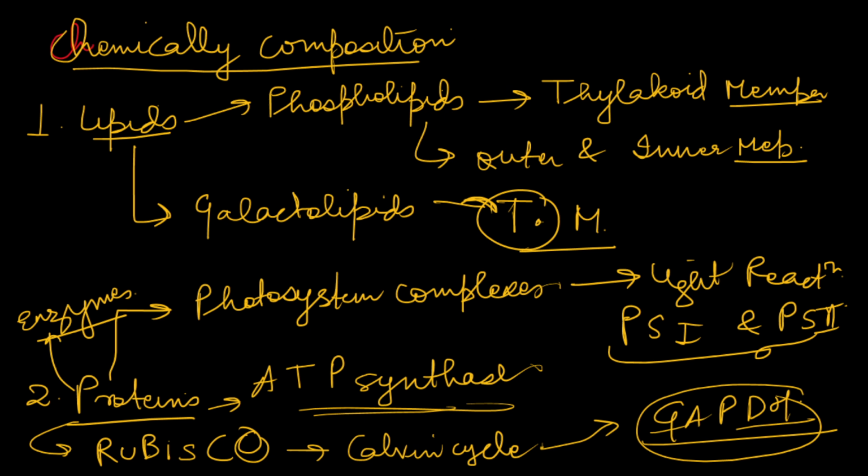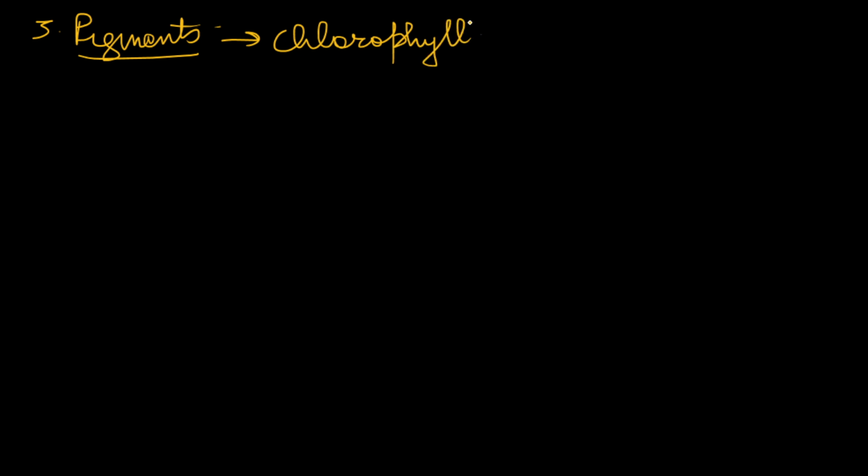Next, we have various pigments present, and the most important pigment here is chlorophyll. We all know how important chlorophyll is in photosynthesis. Then we can also find carotenoids. These are accessory pigments that assist in light absorption and protection against photo damage.